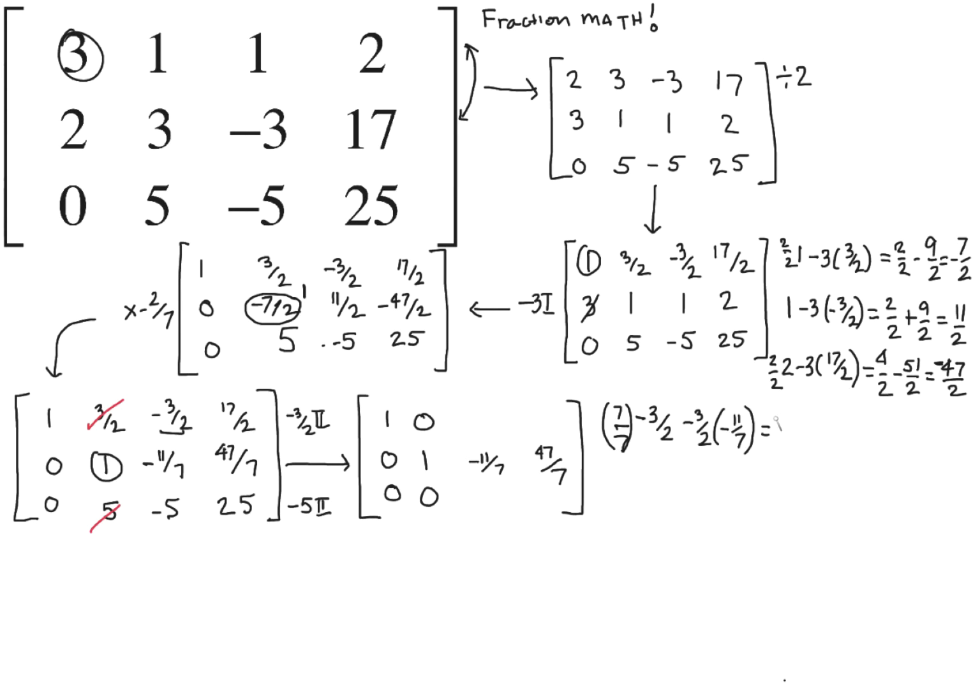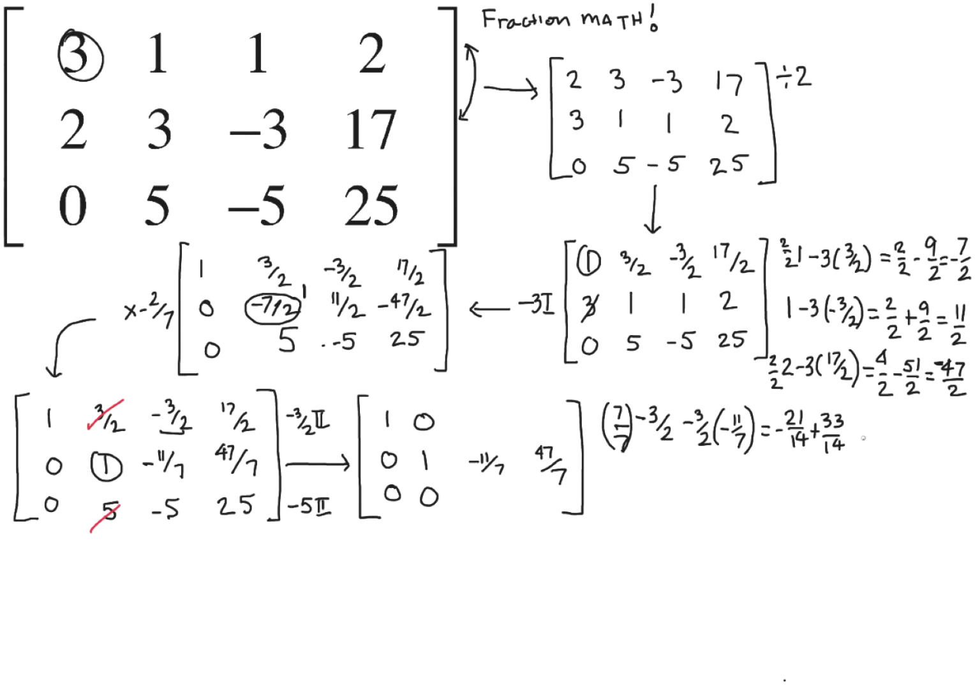So that's going to give us minus 21 over 14. And then the other one's going to be 33 over 14. But look, minus and minus. So that's plus 33 over 14.